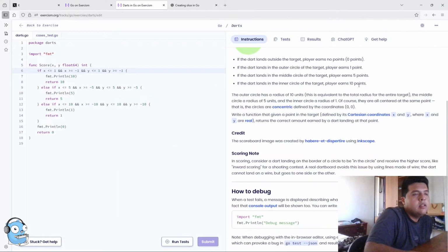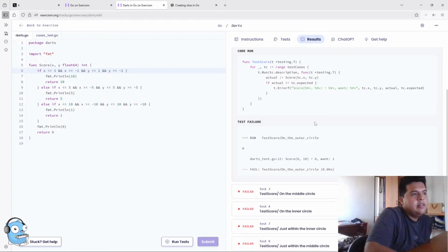Instructions. The outer circle has a radius of 10 units. This is equivalent to the total radius of the entire target. The middle circle has a radius of 5 units, and the inner circle a radius of 1. So that's concentric. So why does it fail here?